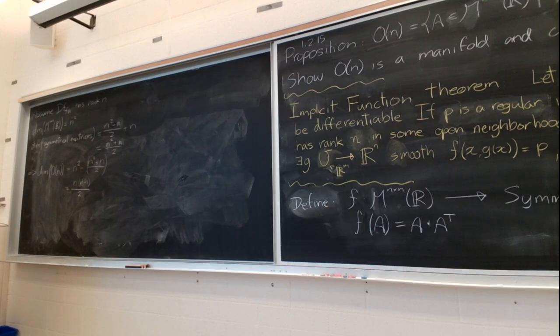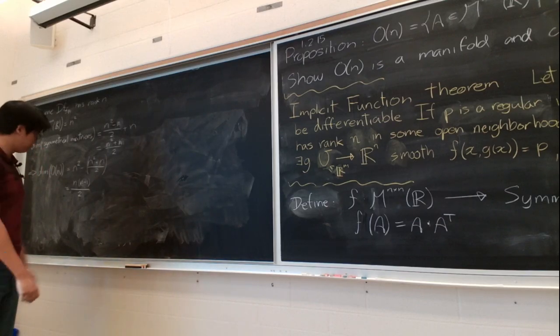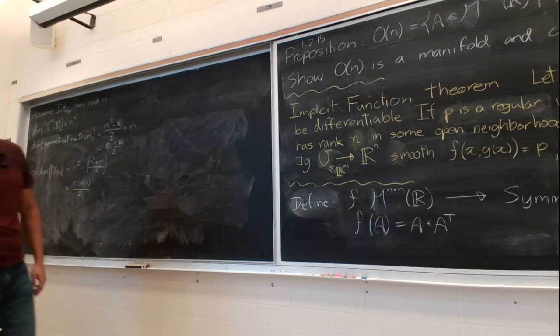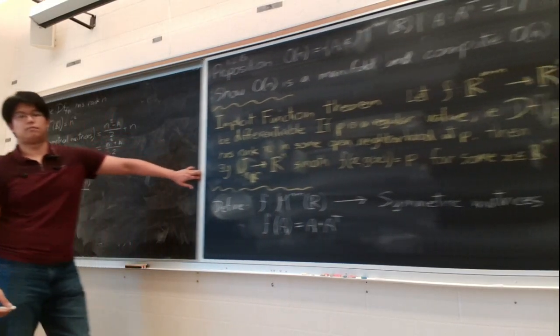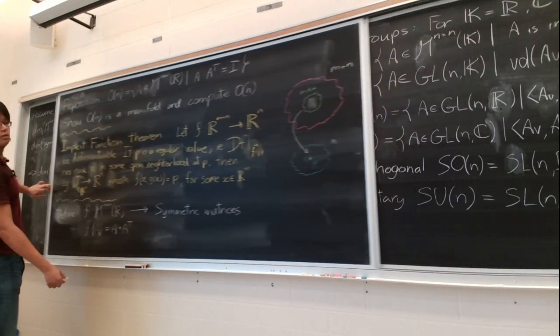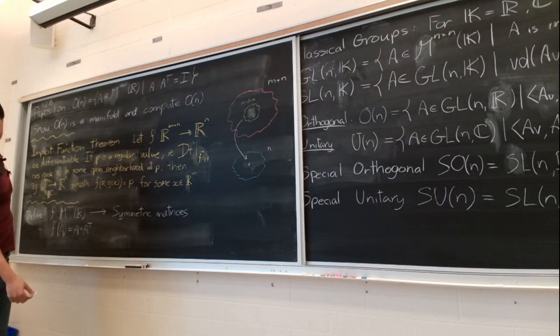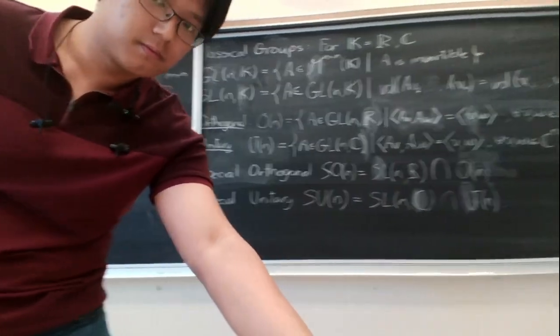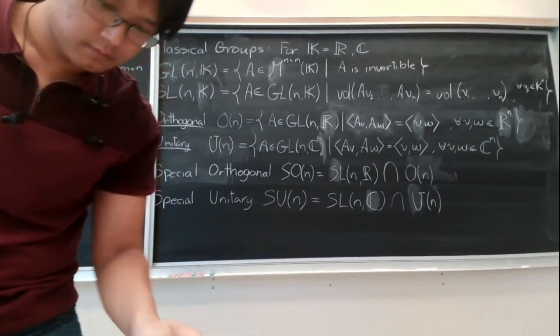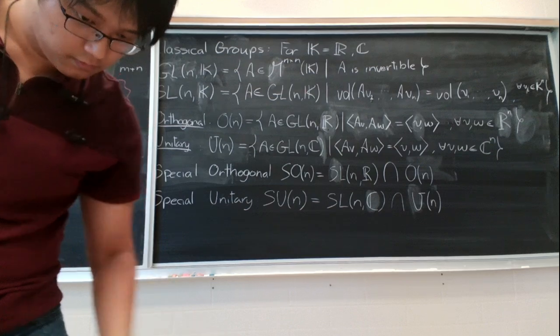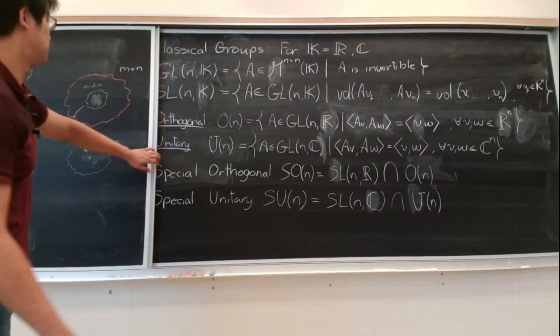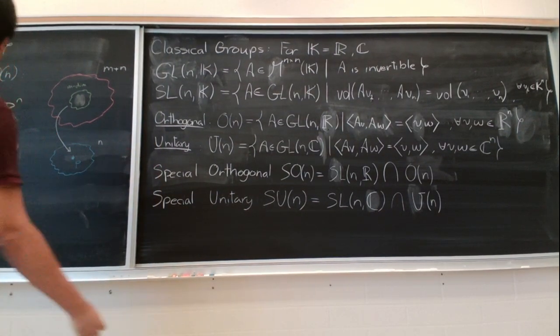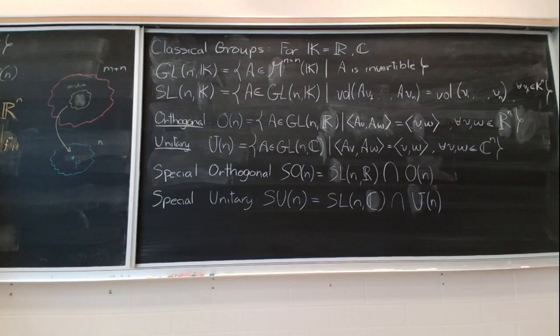Yeah, exactly. And so now you could do a similar argument for UN or SU N. Here you had a map, you just need to choose a different F. I think you need to be a bit more careful for the ones that include both that condition and the determinant.